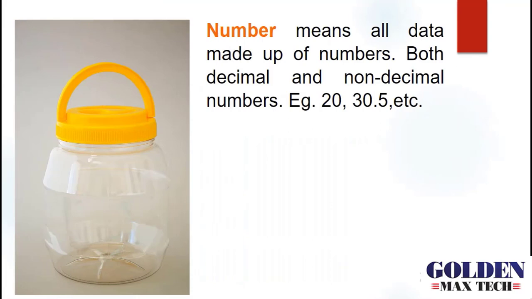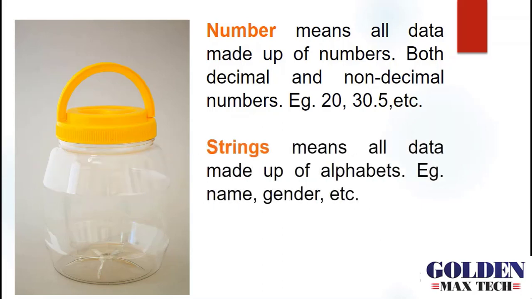A number data type means all data made up of numbers, both decimal and non-decimal numbers. Examples: 20, 30.5, etc. The second data type I mentioned is strings.